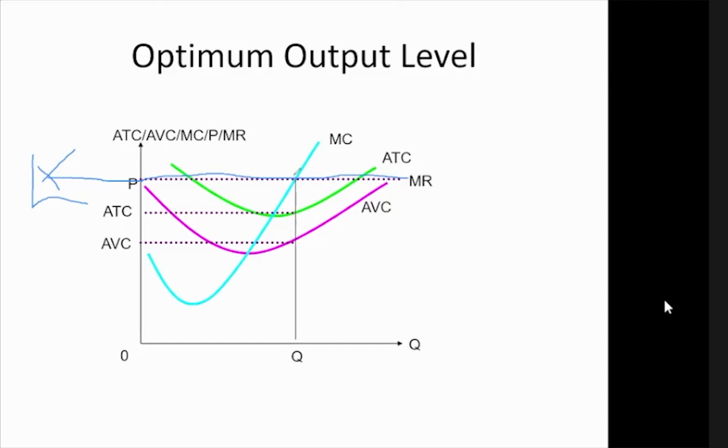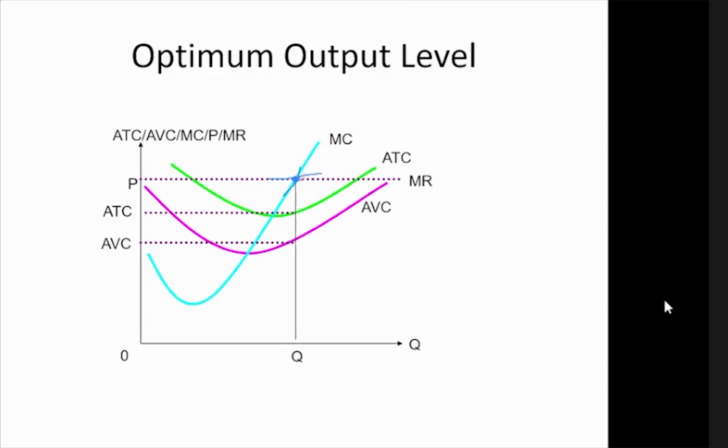So here, at this point, marginal revenue equals marginal cost. This is the marginal revenue, and this is the marginal cost. So we are getting the equilibrium here.